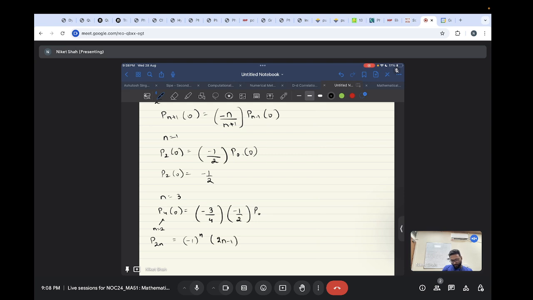Then 2n minus 1 into 2n minus 3 up to 1, divided by 2n into 2n minus 2 up to, last number would be 2, into P0.